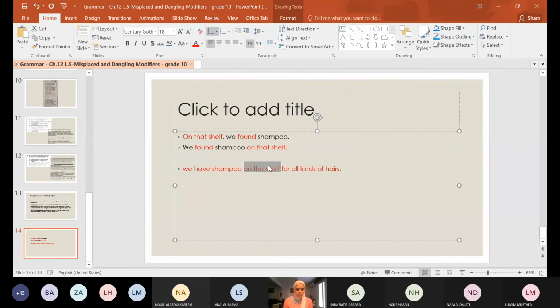Here it modifies a noun. Which shampoo? The shampoo on that shelf.